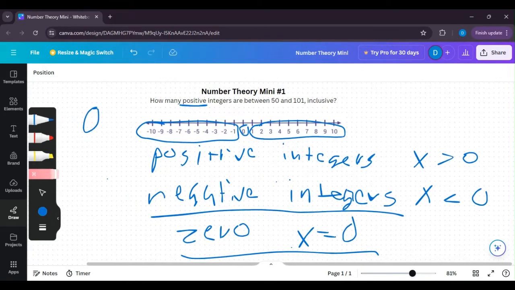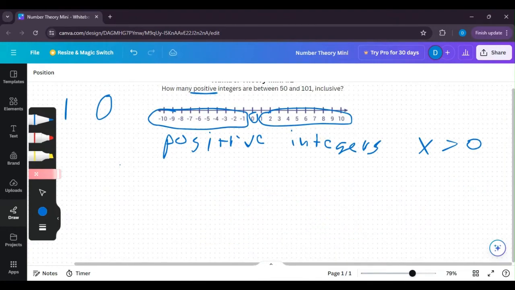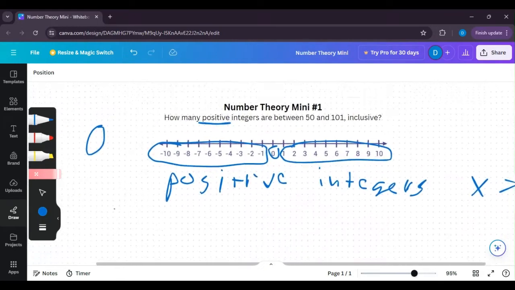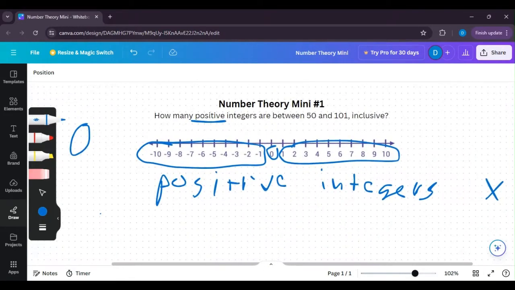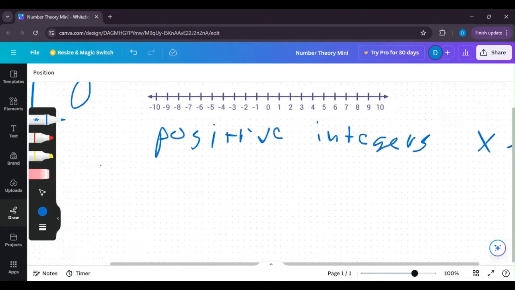Okay, so now we know what positive integers are, and the problem is asking how many positive integers are between 50 and 101 inclusive. If we don't know this problem, we can solve an easier problem first: how many positive integers are between 1 and 10.